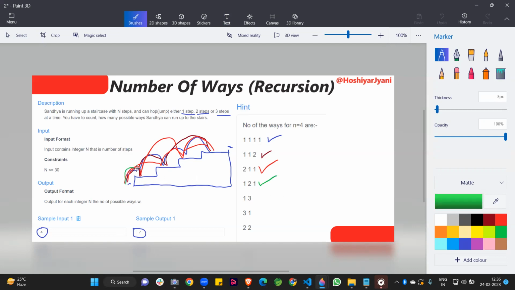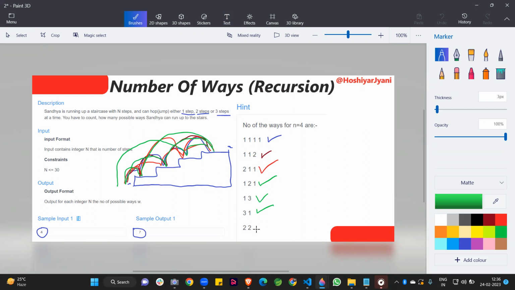After that, there is one step, and after this, three steps. Okay, because it can be one step, two steps, and three steps. So after that, you can see there is one more possibility: a three step jump, then one step, and lastly two steps.